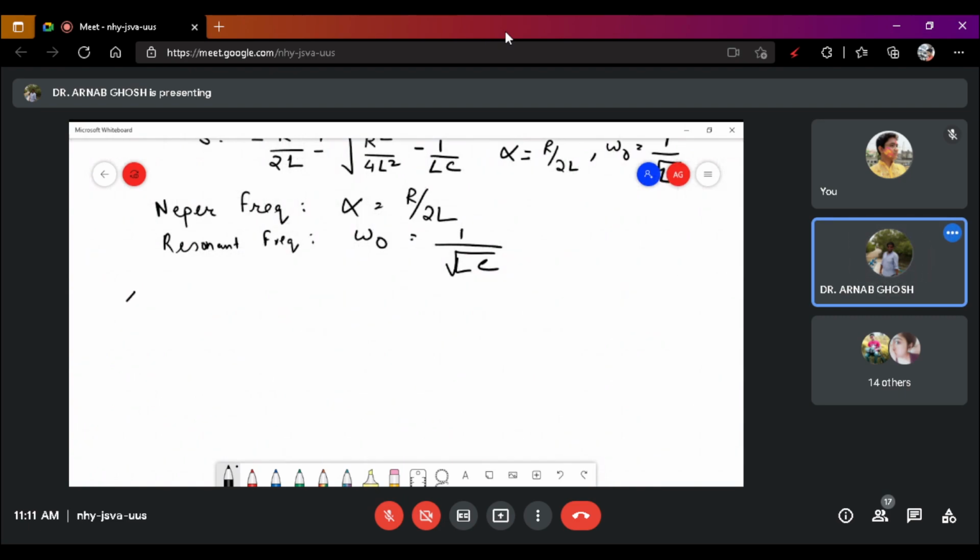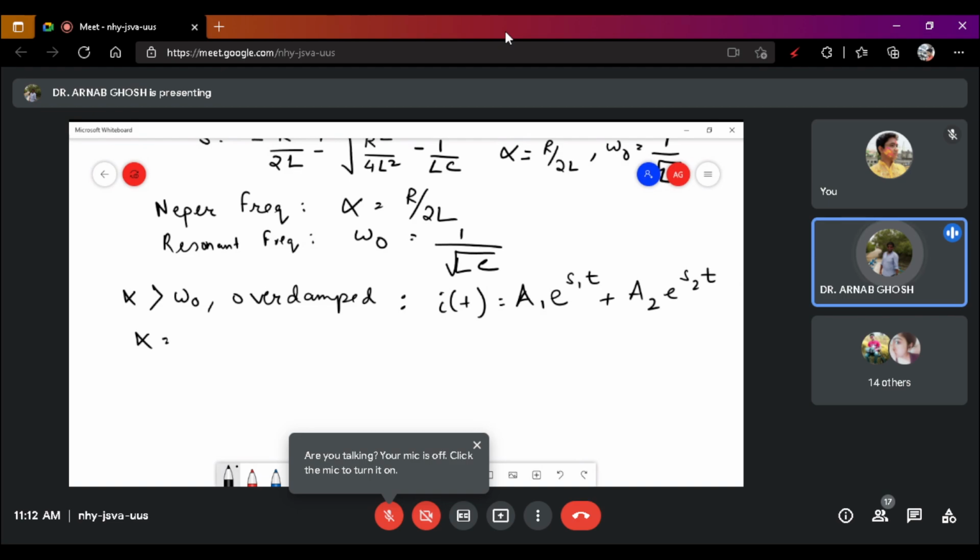If alpha is greater than omega 0, it's the overdamped condition, and here i(t) will be equal to A1 e to the power s1t plus A2 e to the power s2t.